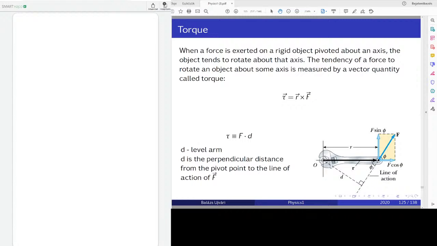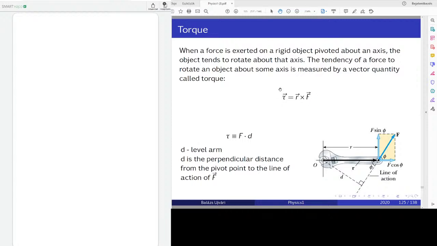So in translation, the force divided by the mass will cause the acceleration. In the rotation, this torque, divided by the moment of inertia, will cause the angular acceleration.